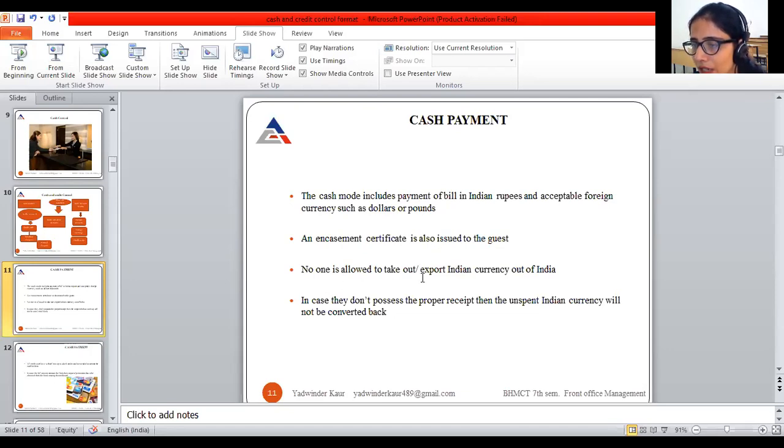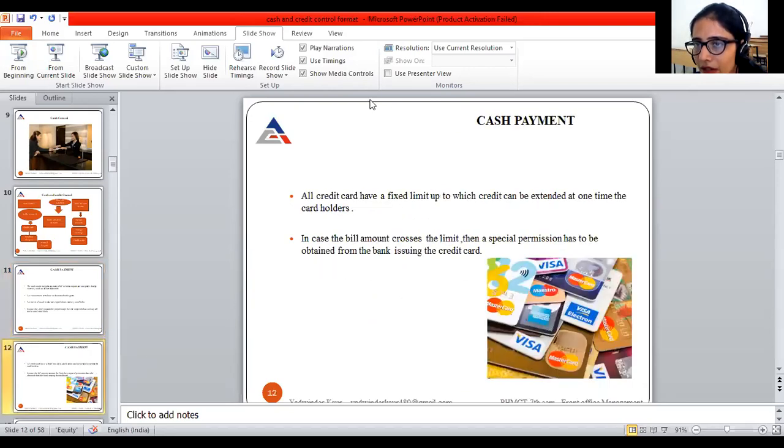No one is allowed to take Indian currency out of India. In case they don't possess the proper receipt, the unspent Indian currency will not be converted back. So this has to be taken care of by the foreign guest, right?